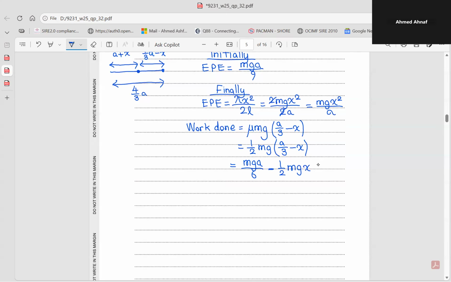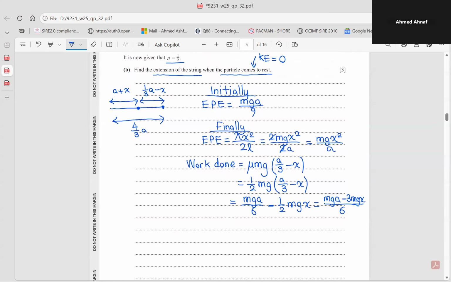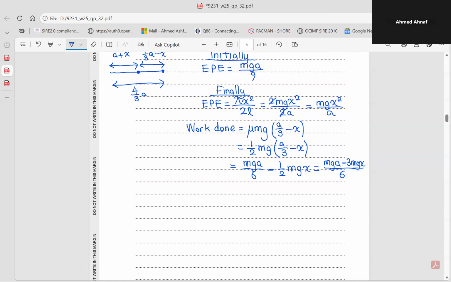Okay, to make it simpler, we're also going to combine it into a single fraction. It's going to be mga minus 3mgx over 6. Yeah, so this is the work done. Now we are going to combine these. We're going to add these up and equate it to each other.